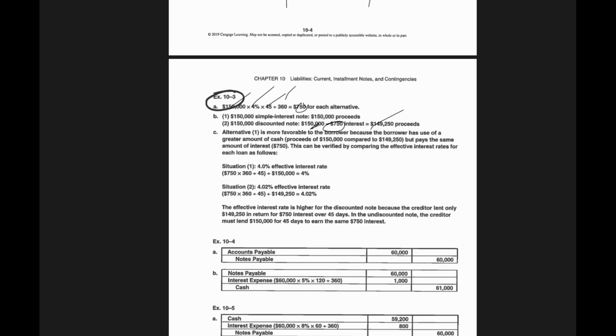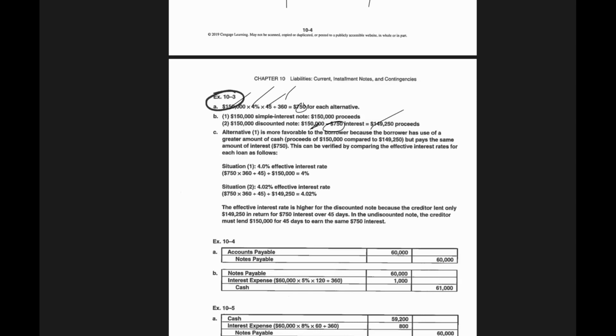Well, I would think alternative 1, because you probably needed all $150,000 to purchase whatever it is that you were doing. So that's what proceeds you're going to get, versus in scenario 2, they take it away. So that's how that works. Quite honestly, you see issue number 1. That's typical.